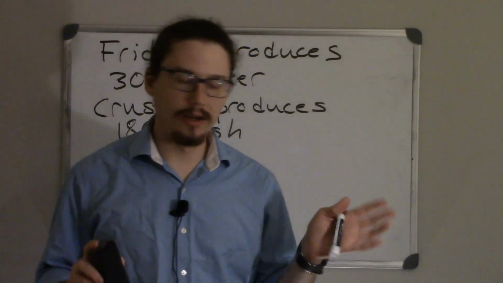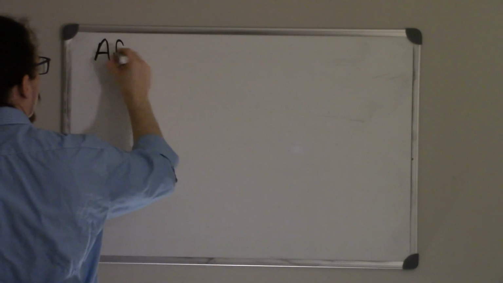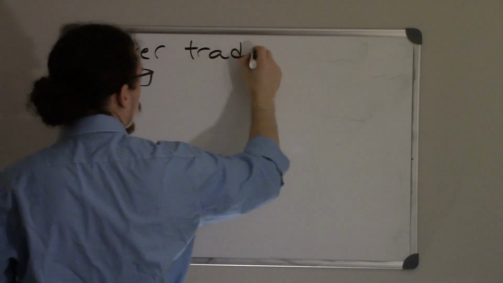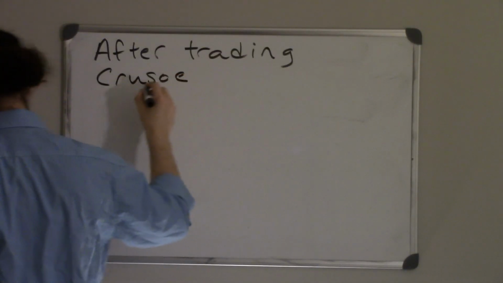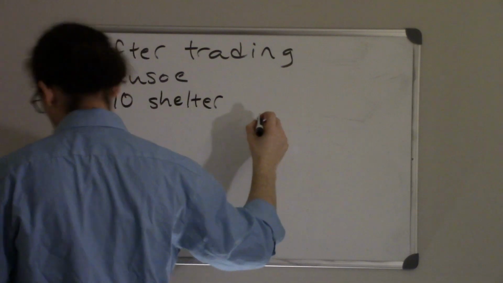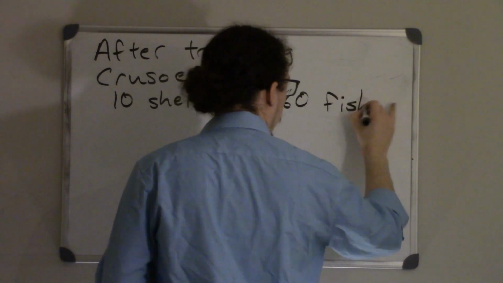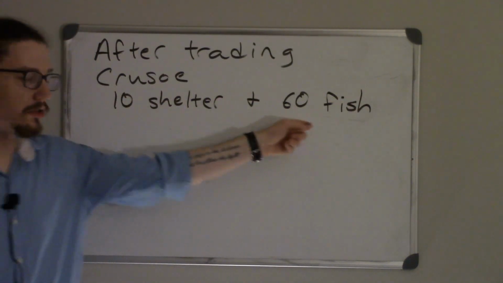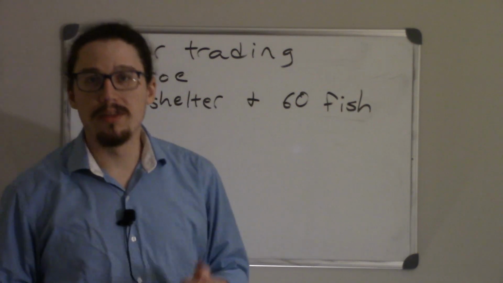All right, so now we're going to propose a trade, and we're not going to get bogged down in this. What I'm going to say is that after trading, Crusoe winds up with 10 shelter and 60 fish.